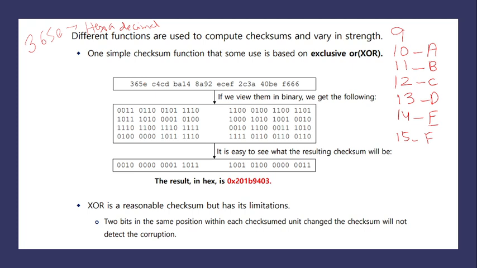So here the value E is 14. So the values are 3, 6, 5, 14. Okay, 3 in binary is 0 0 1 1: 2 to the power of 0 equals 1, 2 to the power of 1 equals 2, and 2 plus 1 equals 3.